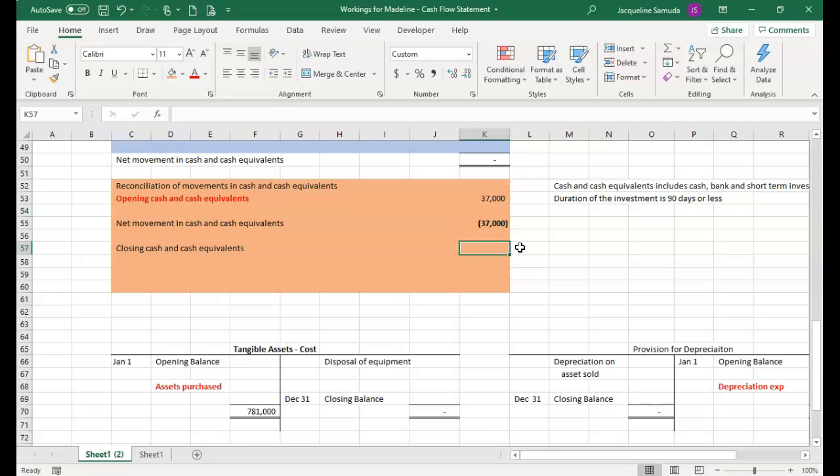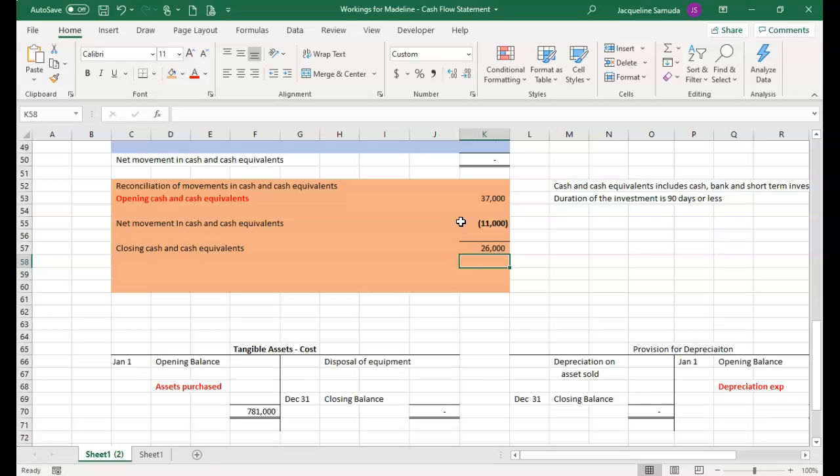Now let us put in the figures for the closing cash and cash equivalents. We start with the short-term investment of 25,000. We subtract the bank overdraft figure of 5,000, and then we now add in the cash figure of 6,000. So it seems as if the cash and cash equivalents position worsened over the financial year for Red Flamingo.